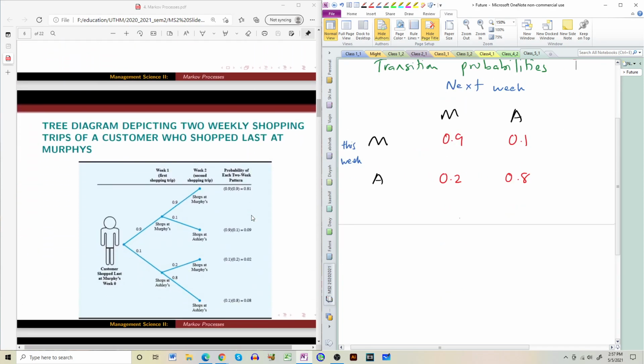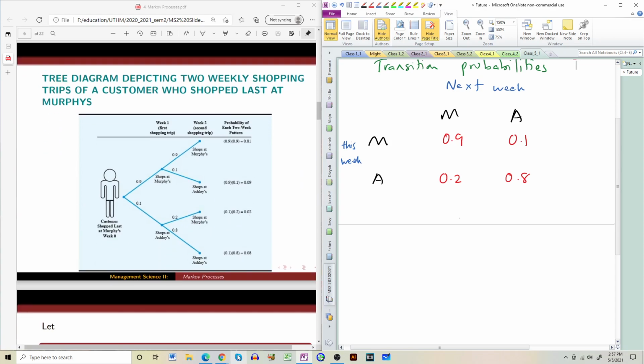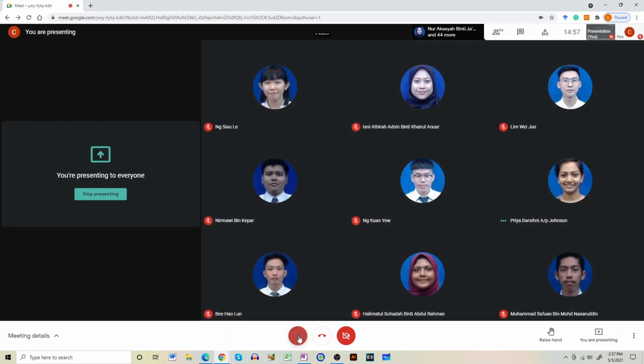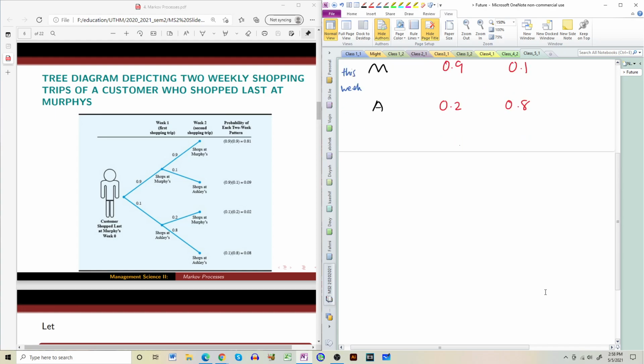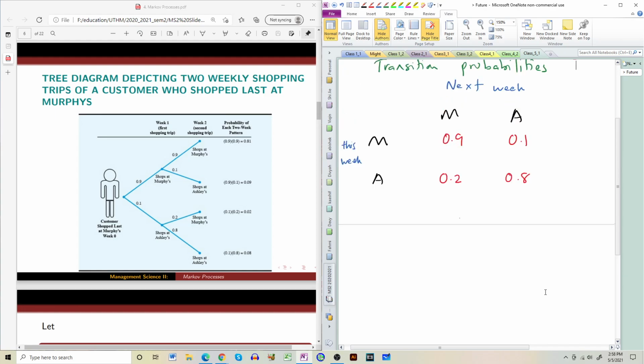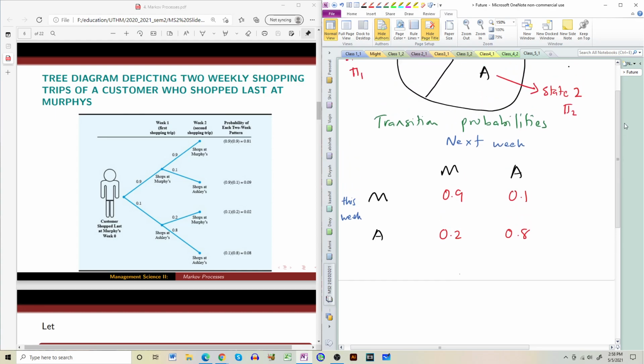If you look at this diagram, let me explain what happened in this diagram. So a customer now, you guys want to copy this?